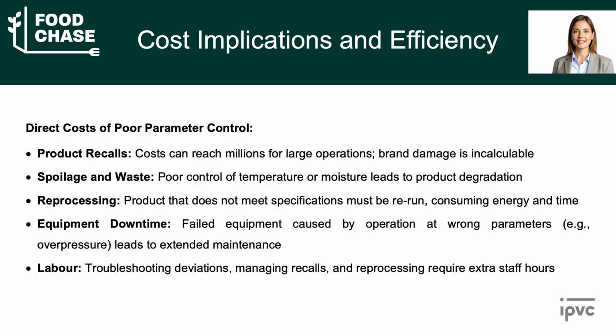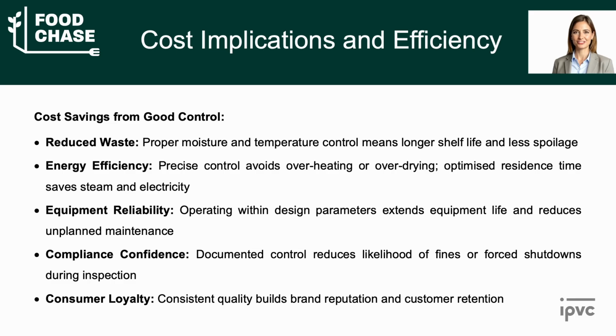On the flip side, good control saves money. Proper moisture control in dried products extends shelf life, reducing spoilage in storage and in distribution. Optimized pasteurization time reduces energy use per liter while maintaining safety. Consistent process conditions mean less waste and more sellable product. And there is the compliance cost.